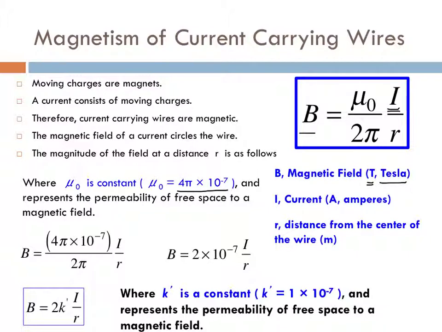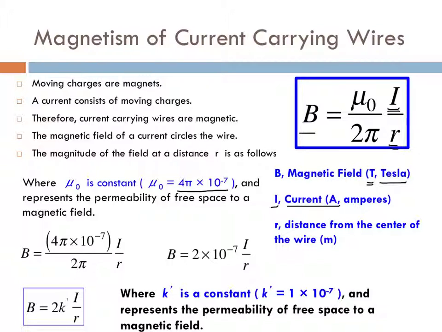I is current, still in amperes. And then r is the distance from the center of the wire, because we can be asked to solve for the magnetic field at some point outside of the wire. So this is not the radius of the wire itself. This is a distance away from the center of that wire.